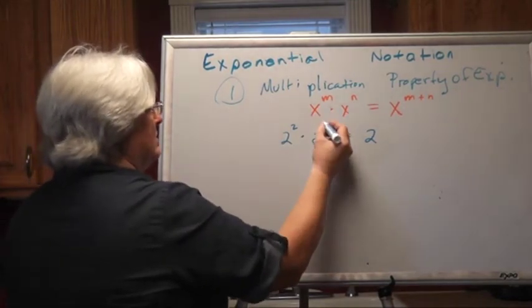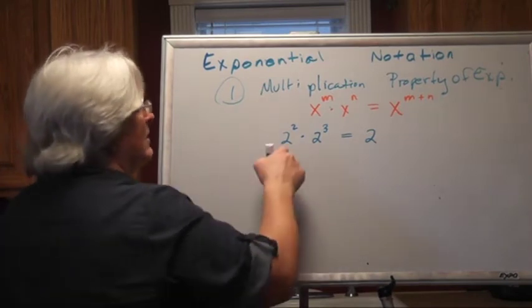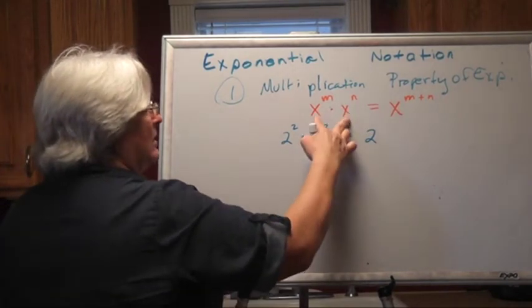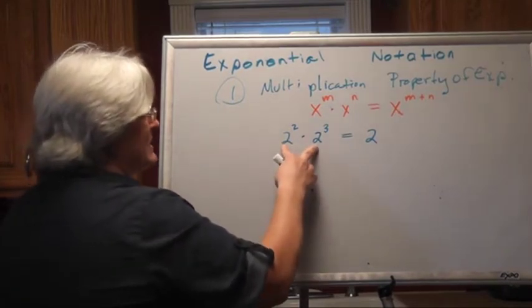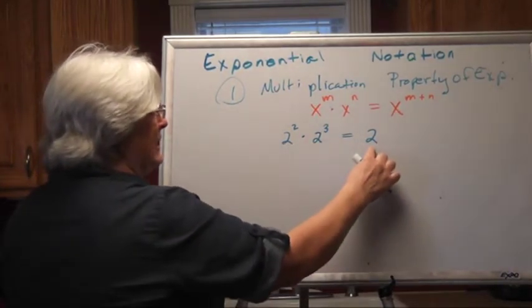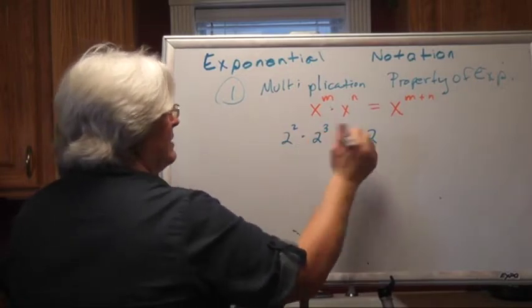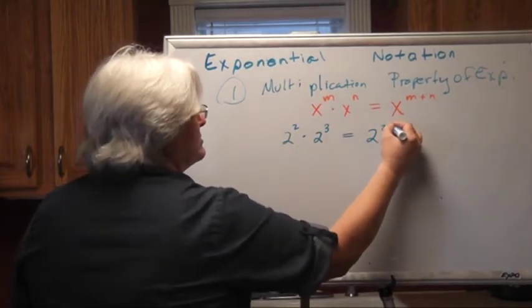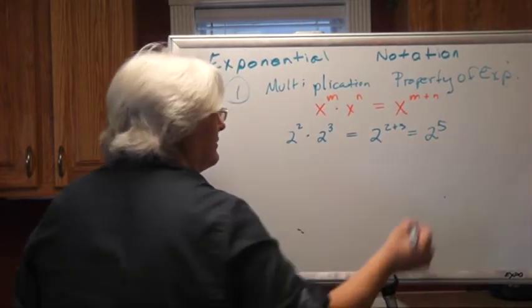So just to make it maybe a little bit clearer to you, 2 squared times 2 cubed. When we have a product of exponentials that have the same base, you use the base as a factor, and then you just add up those exponents. 2 plus 3 is equal to 2 to the 5th.